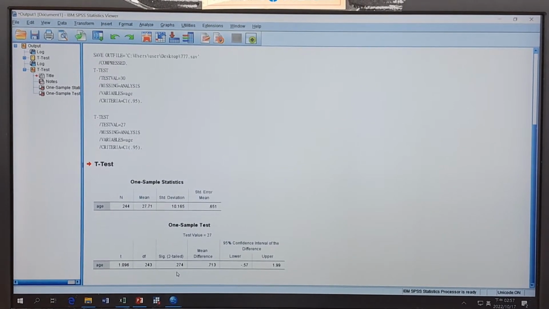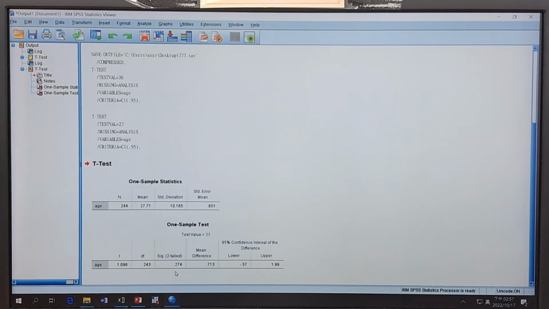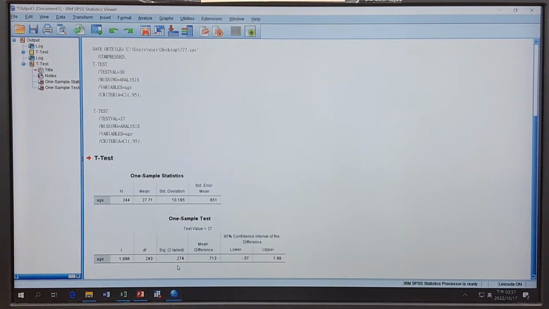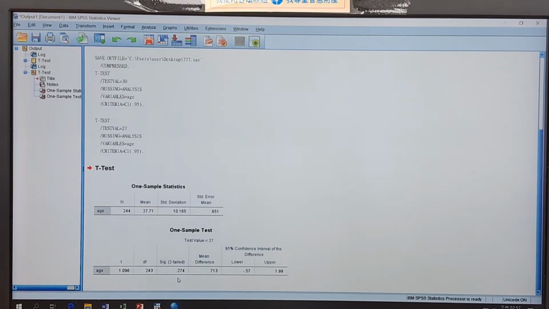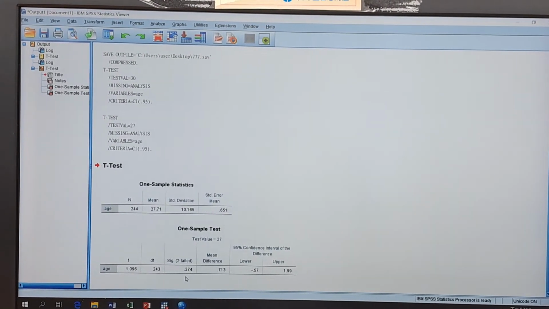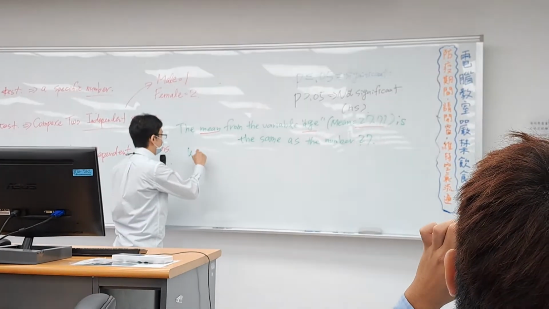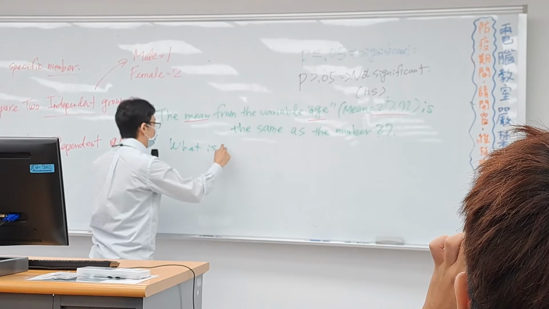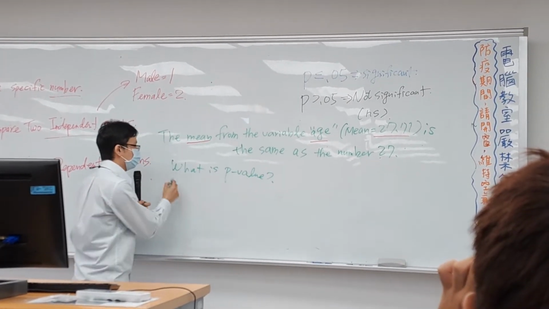So now we know that the result is not significant. How do we address the conclusion? The means from variable age, what is the p-value? I will ask you this question.